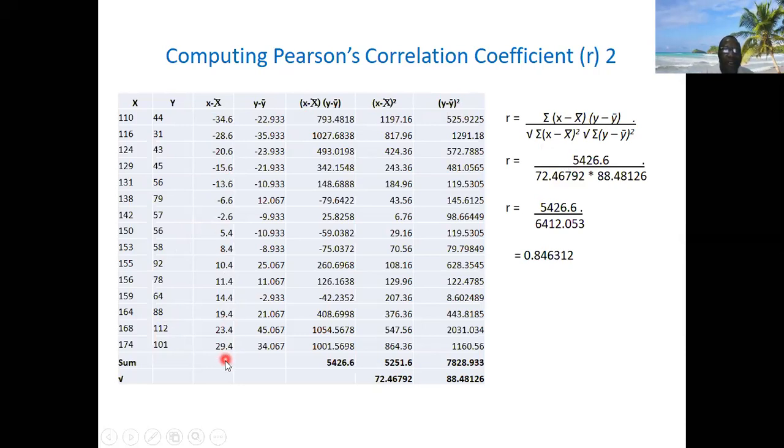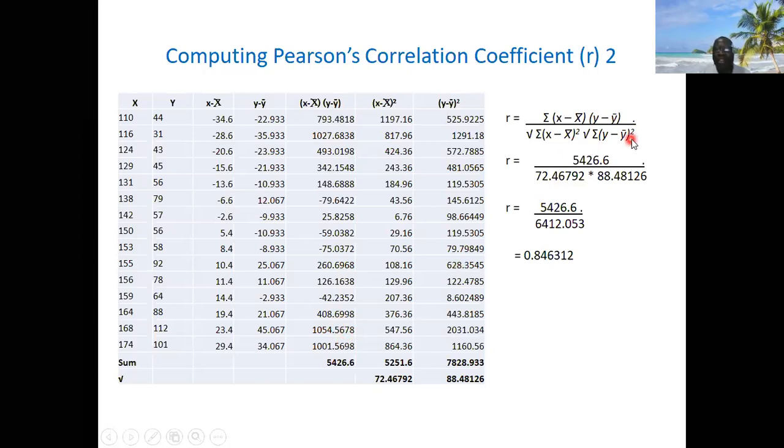Look at the answer. Then y minus y bar: you remove y bar, which is the mean of y, from each of the y, and that gives you this. So what do you need? You need to multiply the two, x minus x bar and y minus y bar, before you sum it. So you now multiply this and this, what we have here.